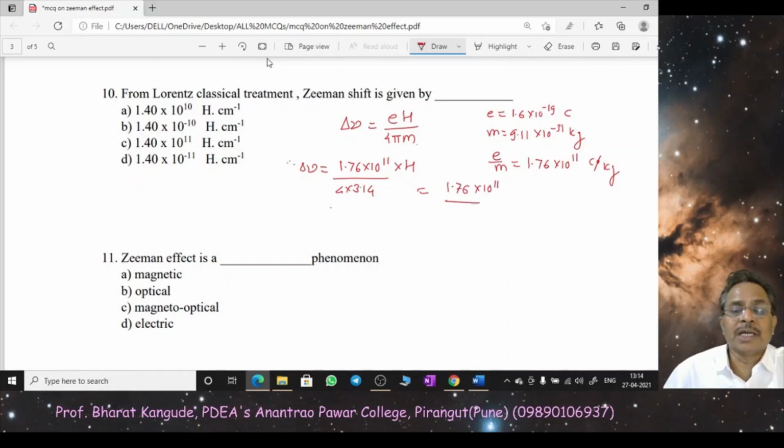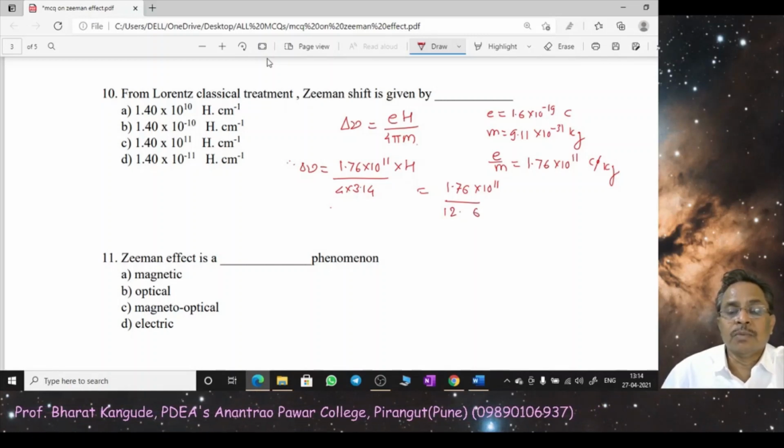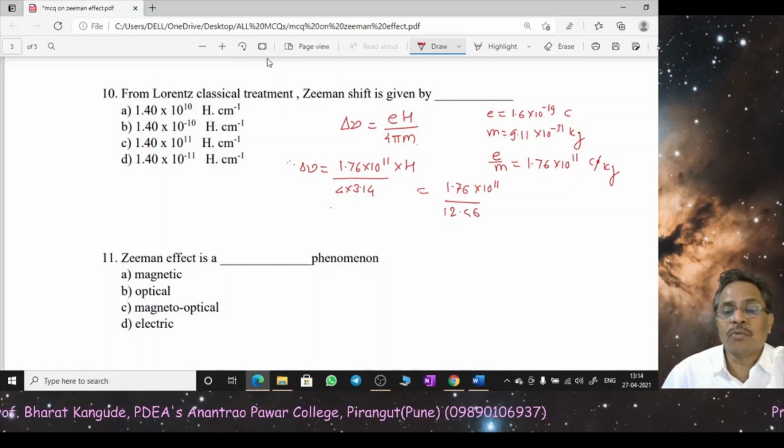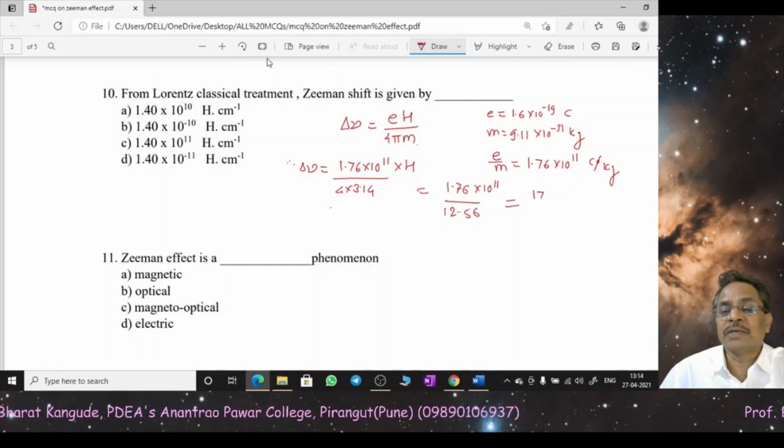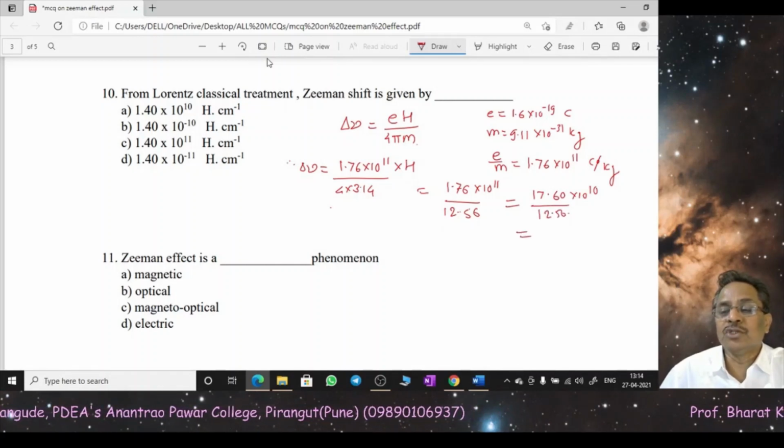This approximately comes to 12 point something: 4 into 12 is 4 into 4 is 16 plus 1, so it is 12.56. If this number is calculated, it is 17.60 into 10 raised to 10 divided by 12.56. So this approximate calculation gives me 1.40 into 10 raised to 10.